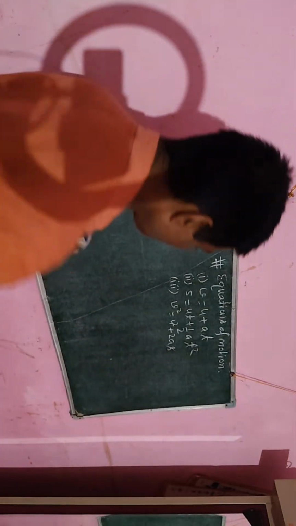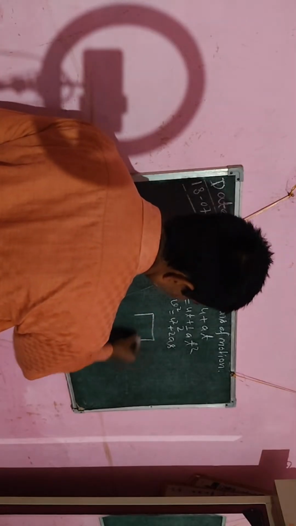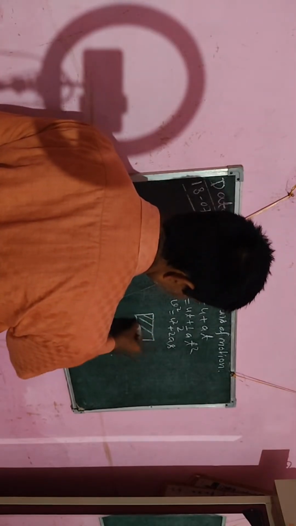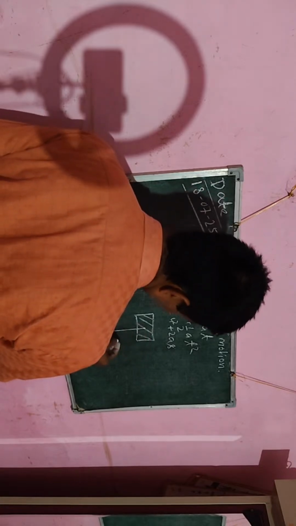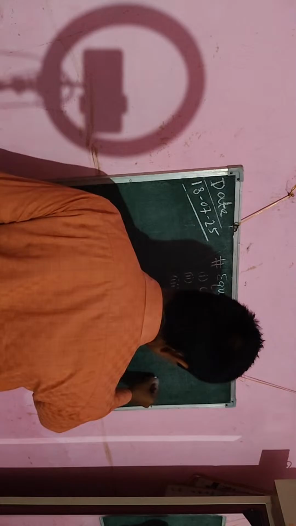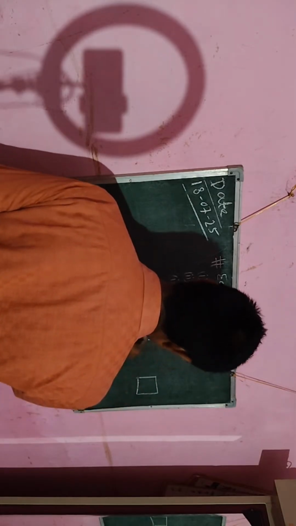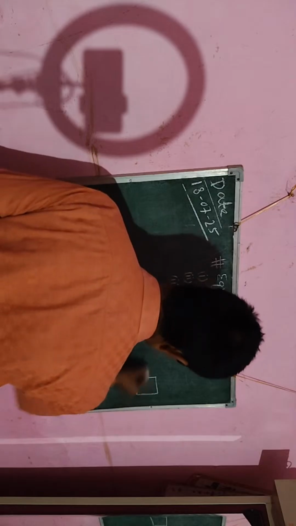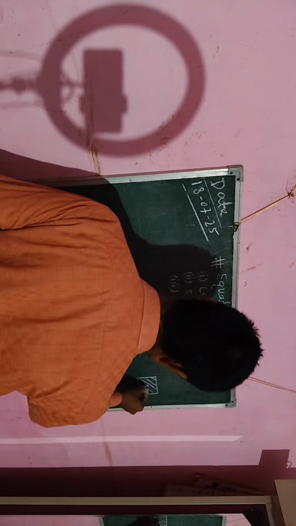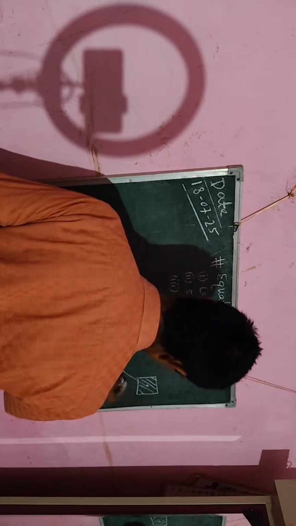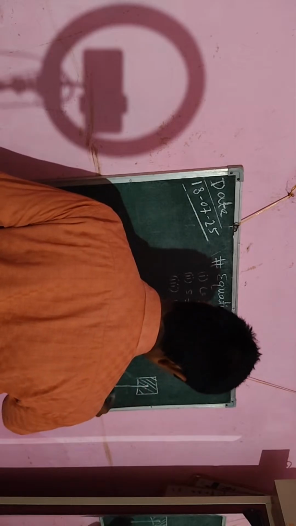Okay, students. Now I am going to consider here one object. This is the object, and from its center I am taking one point, and that object is moving to another point. So this point I am saying A, and this object will also have a center, and that center point I will say B. So I will draw a line.